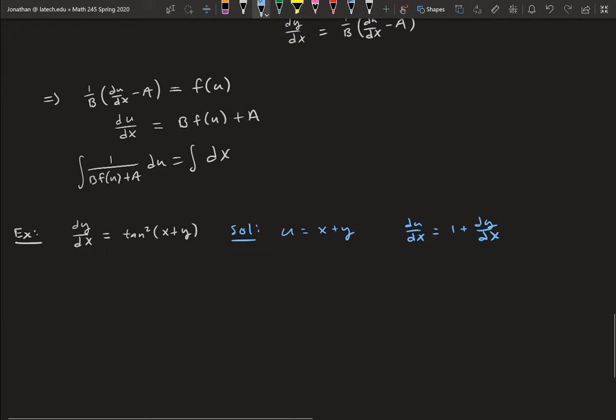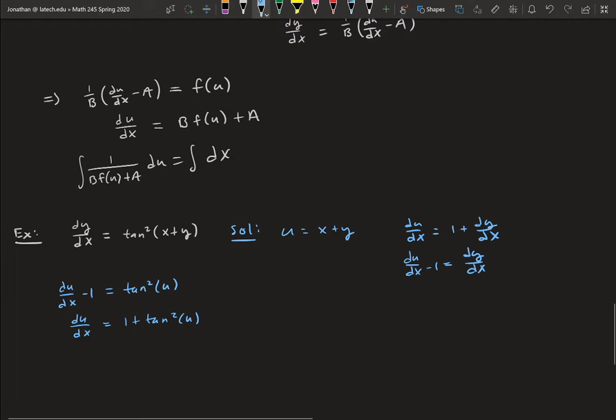So dy/dx is du/dx minus 1. So we get du/dx minus 1 equals tan squared of u. So du/dx equals 1 plus tan squared u.